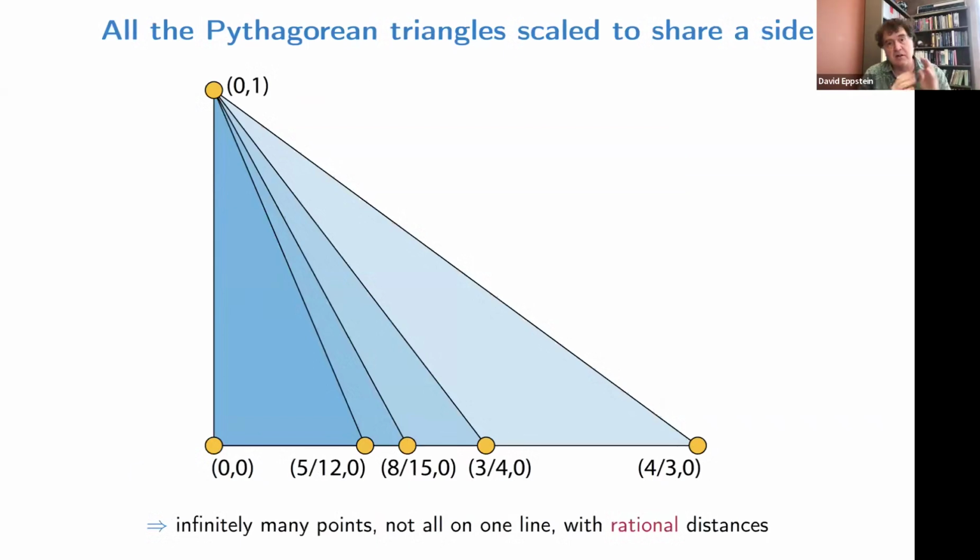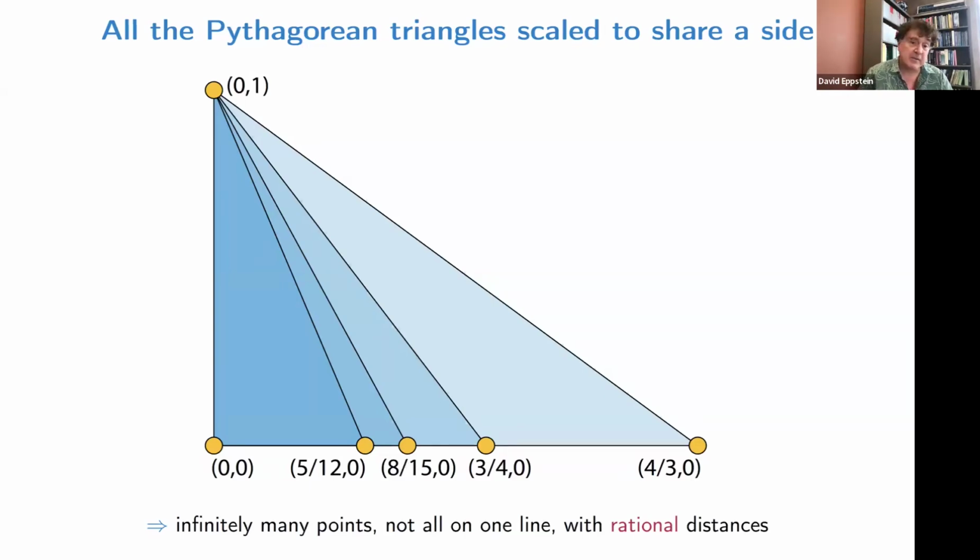Scale the triangles so that all of them have a unit length side, and then place the other side along the x-axis, place the unit side along the y-axis, place them all together like this. All of these distances to this top point will be rational because you scaled them by a rational amount. All of the distances between 2 points on the axis will be rational because they are the differences between two rational numbers.